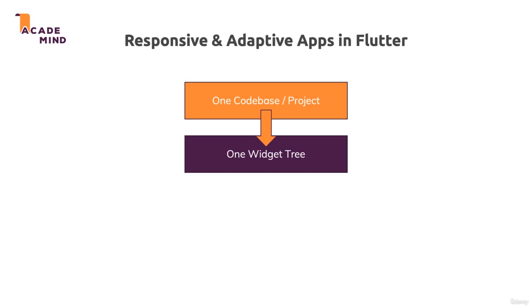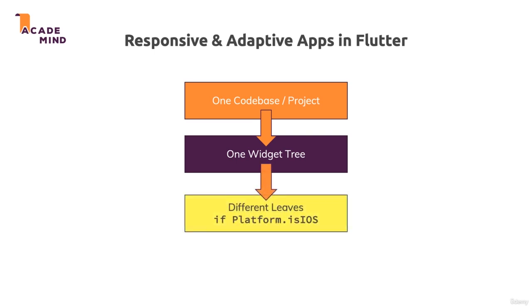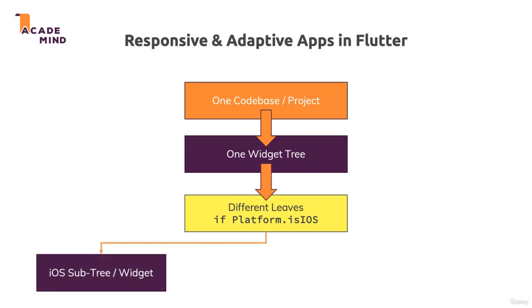Now, with all these restrictions or goals, the only way for us to make our app responsive and adaptive is that we detect which platform we're running on or which device size we have available in our code, in our widget tree, and then we render certain subtrees, certain individual widgets, based on the platform or on the device size we have.